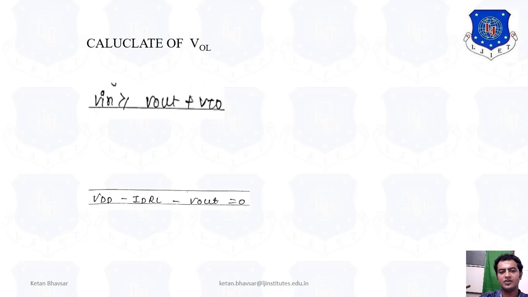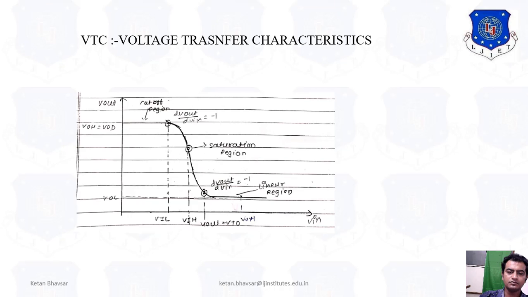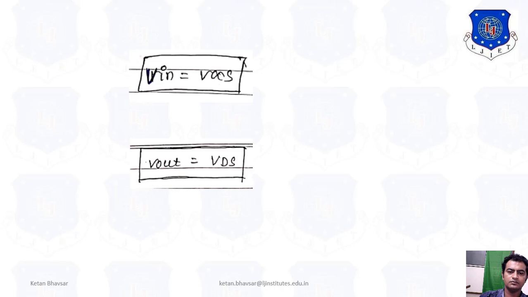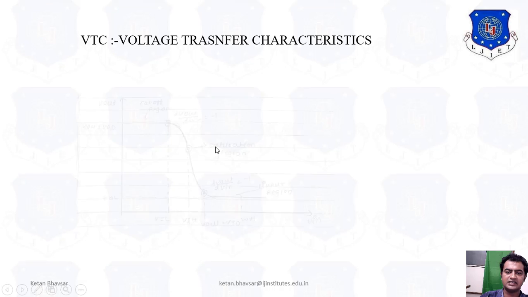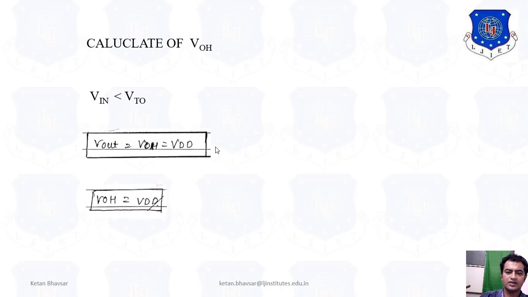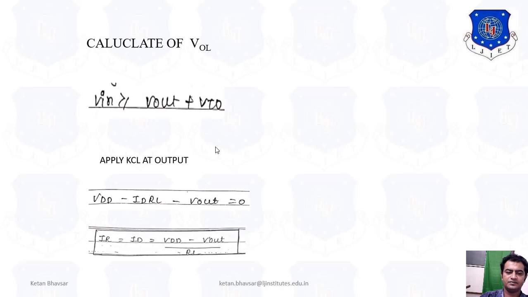To calculate VOL, Vin is greater than or equal to Vout plus VTO, meaning it is in the linear region. Then we apply KCL on this particular diagram. After applying KCL, VDD minus Vout divided by RL is equal to IR, which is equal to ID.